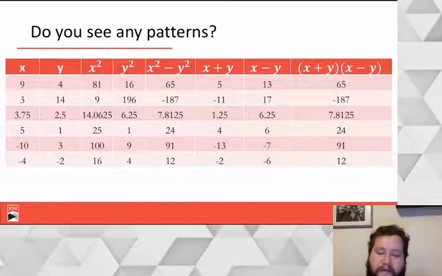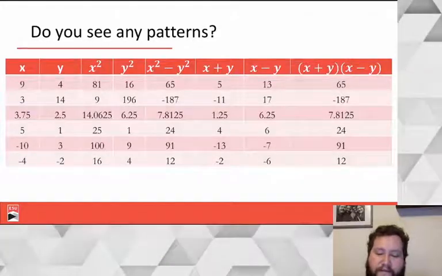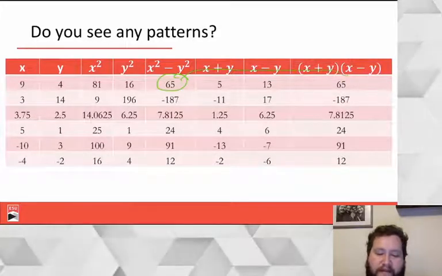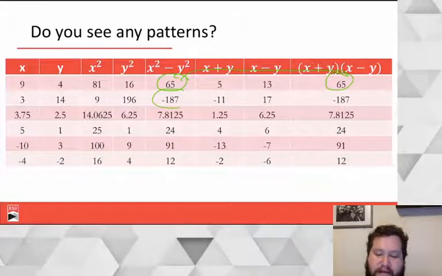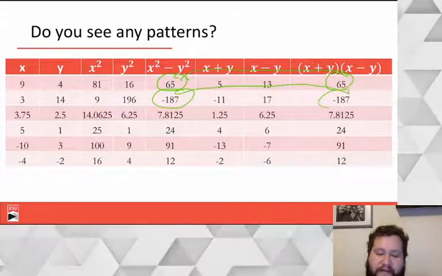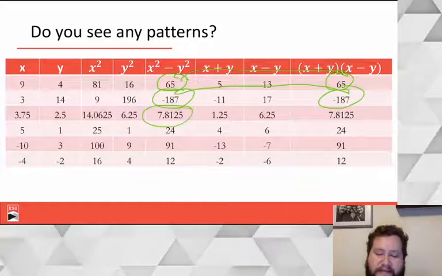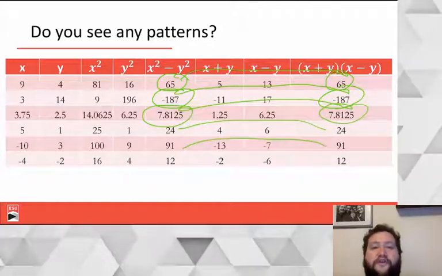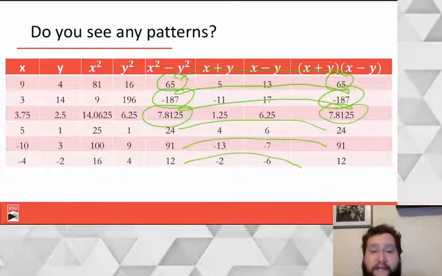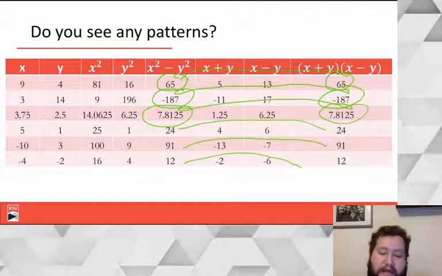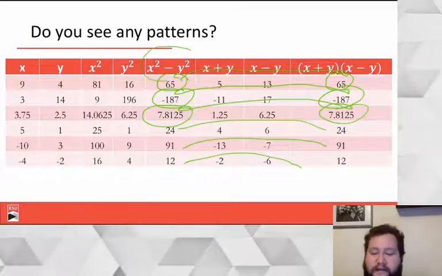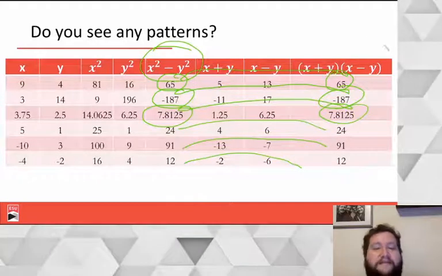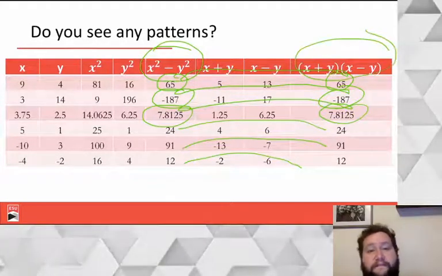Well, I noticed that we have a 65 and a 65, a negative 187, a negative 187. This matches this, those match, and those match. So it looks like, based on these 6 examples, that x squared minus y squared and x plus y times x minus y are the same.